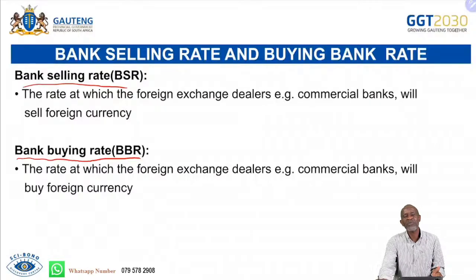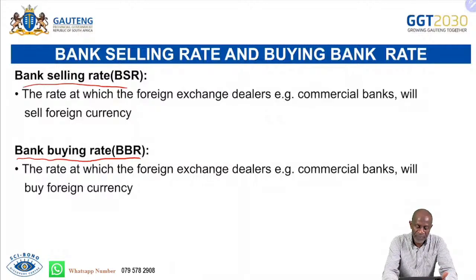When you return with US dollars into South Africa, you may not use such currency to purchase local goods and services, because it is not used in South Africa. So you need to sell it to the bank, and the bank will buy from you at a cheaper rate. So the bank buying rate is always less than the bank selling rate.